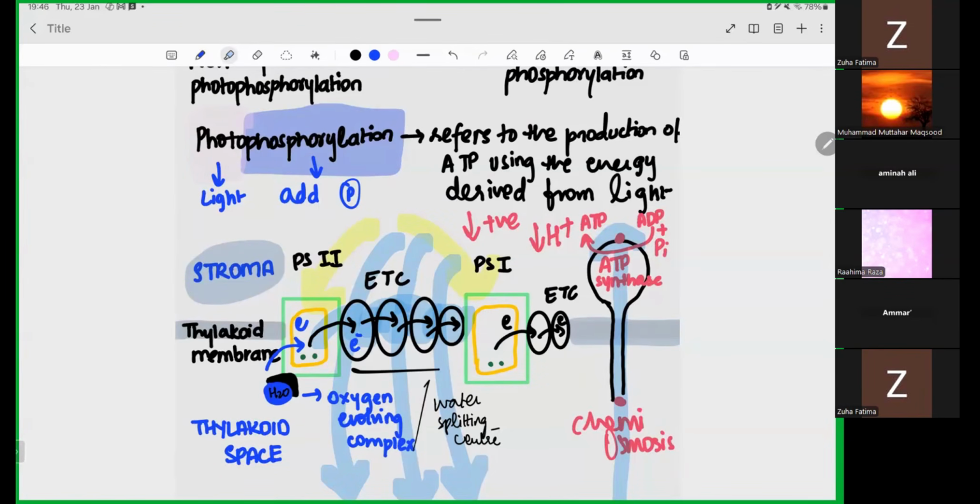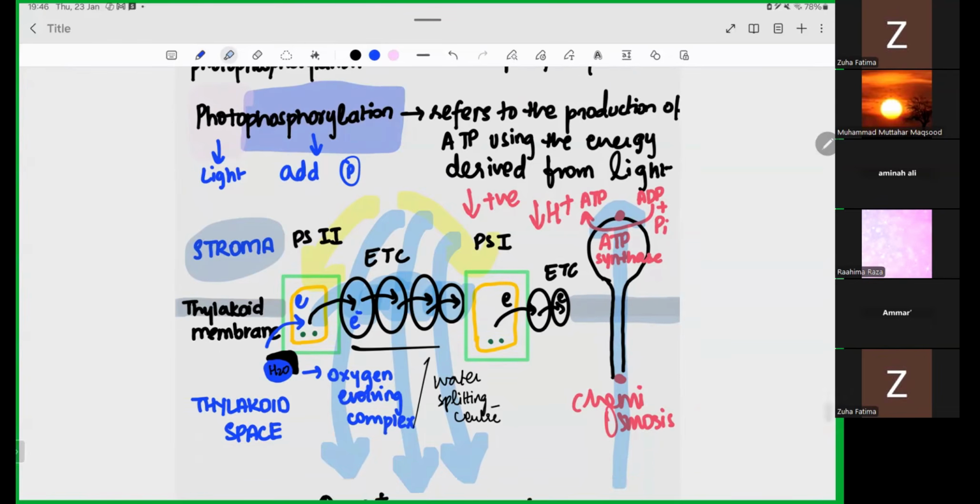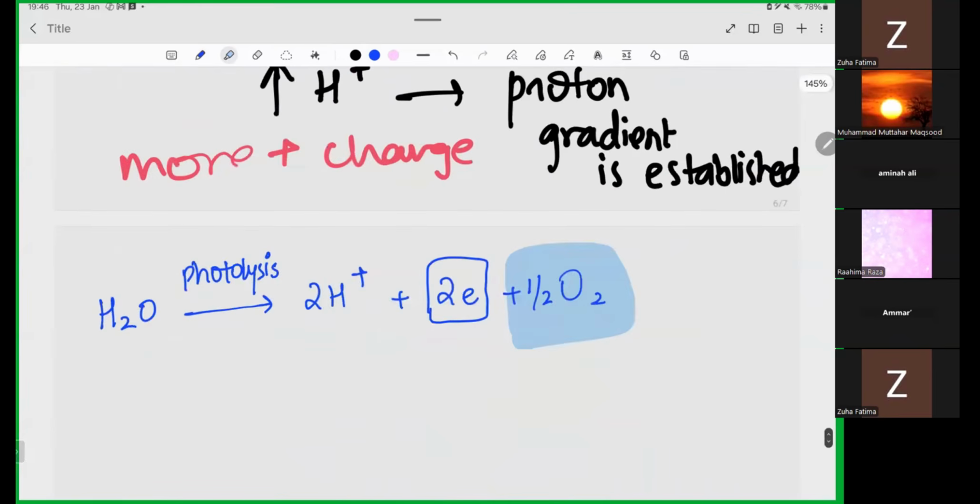We need a constant electron supply for this ETC flow to be continued. So these electrons are coming from the photolysis of water. For the photolysis of water, there has to be an oxygen evolving complex or a water splitting center present. The water molecule would bind itself to this oxygen evolving complex. And when it undergoes photolysis at the oxygen evolving complex, it would break down into hydrogen ions, electrons, and oxygen. Is this now clear?